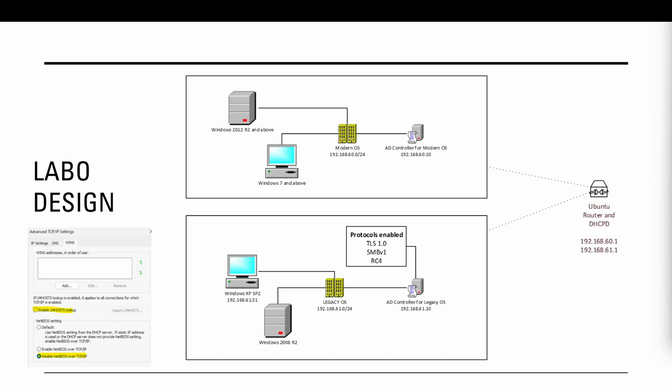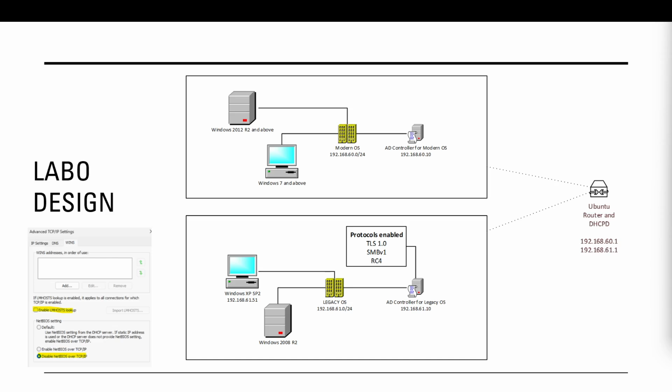In my lab, I have Hyper-V installed on my PC with lots of solutions, like Ubuntu that is active as the DHCP system. I also use it as a router, because this Ubuntu is connected to two separate subnets to provide IP forwarding.